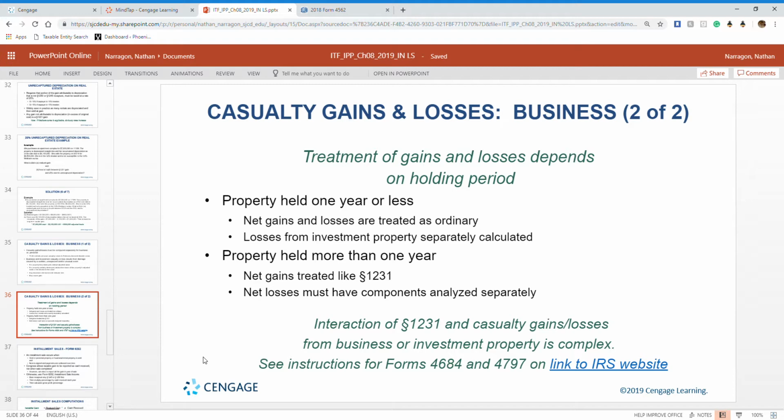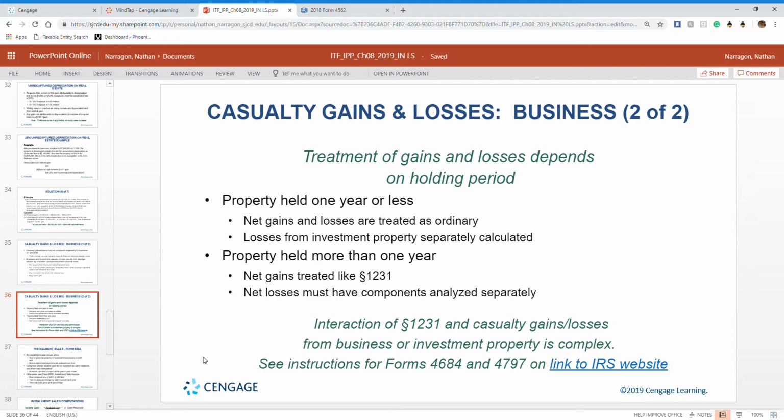Treatment of gains and losses depends on the holding period. Again, if the property was held for 1 year or less, so less than a year, the net gains and losses are treated as ordinary, and losses from investment property are separately calculated. So we have to separate each one. But for property held for more than 1 year, the gains are treated like Section 1231 gains.